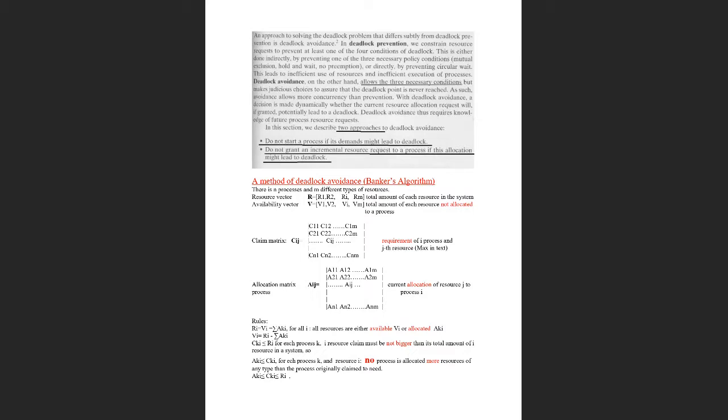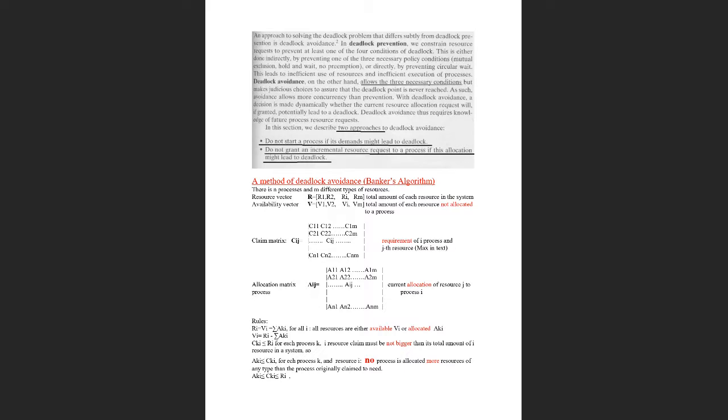Whatever is available is the difference between all existing resources minus what has been allocated. Then the process cannot claim more than there are resources assigned to a certain process. And obviously the number of allocated cannot exceed the number of those which the process claimed.